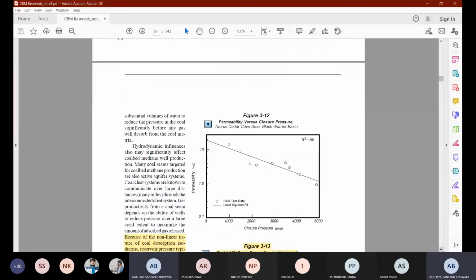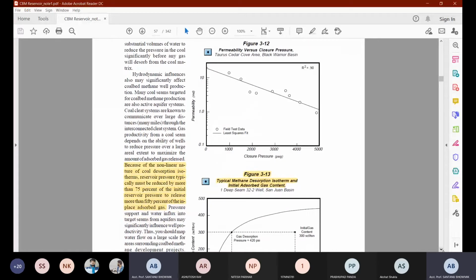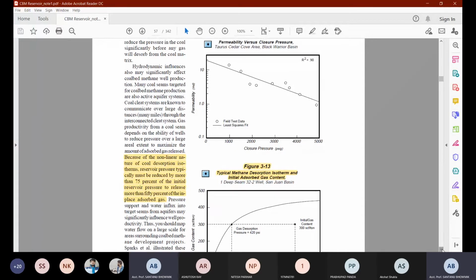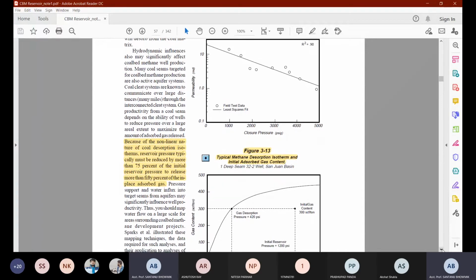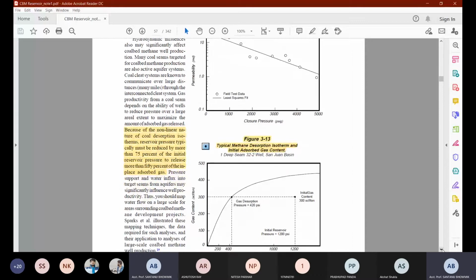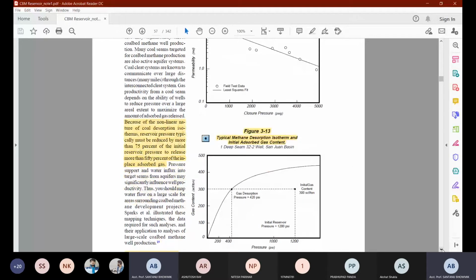At this pressure, at that depth, at suppose 14 degrees centigrade in the underground, because there is a geothermal gradient, if the total reservoir is saturated with gas or methane, then only can I say that the reservoir is totally saturated at this temperature and pressure condition.